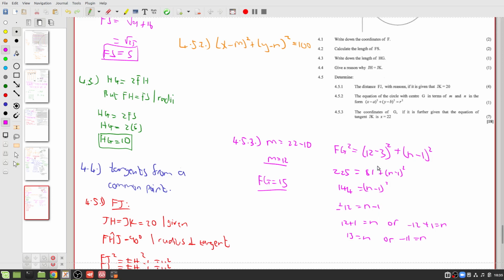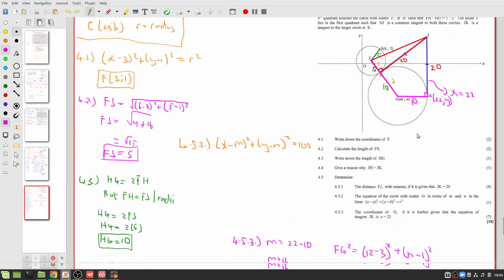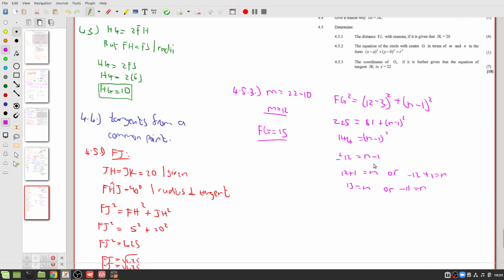Now, which one of those will it be? Do you think this n value is 13 or negative 11? Right, it has to be negative 11, right? It's a negative y value. It's in the fourth quadrant, so you know the y value has to be negative. So this is our answer for n. That one will not work because it's not going to be in the fourth quadrant. So then we can write down the coordinates of G: the m value is 12, and n is negative 11.